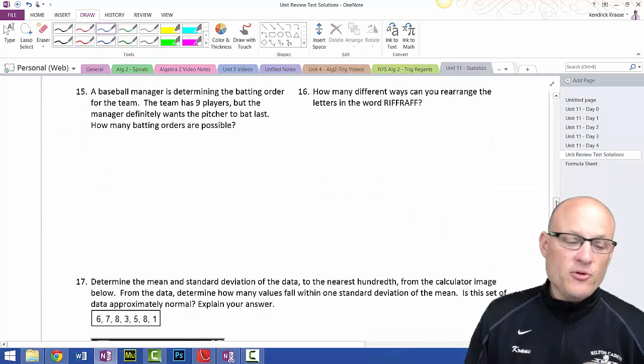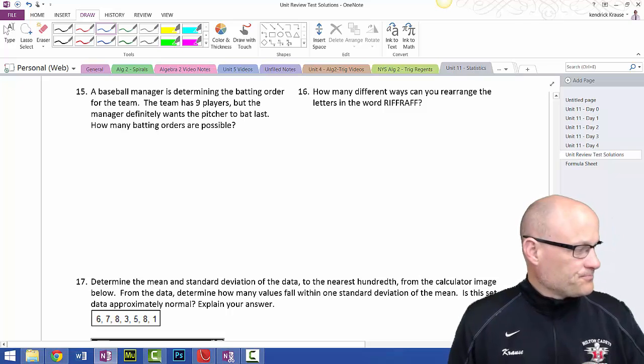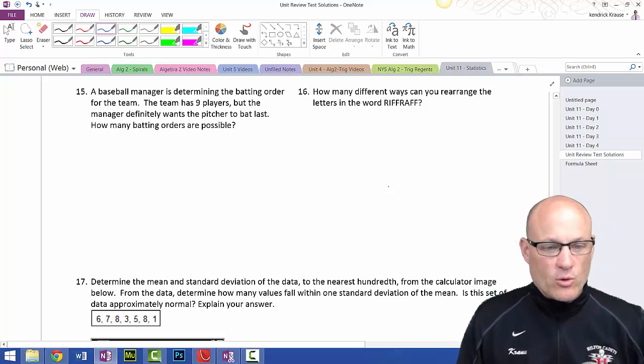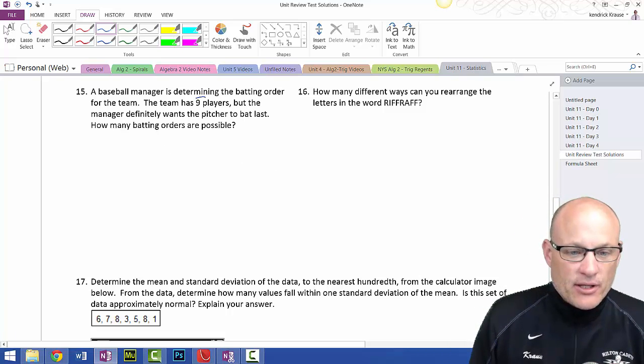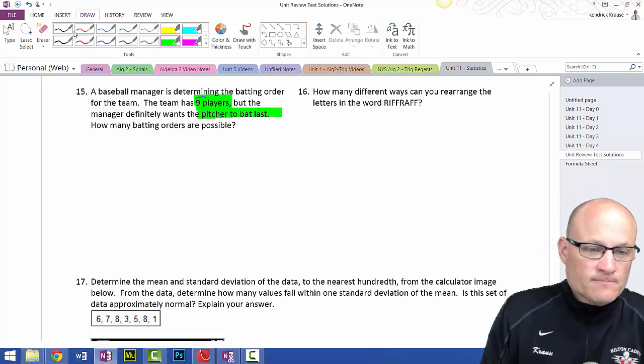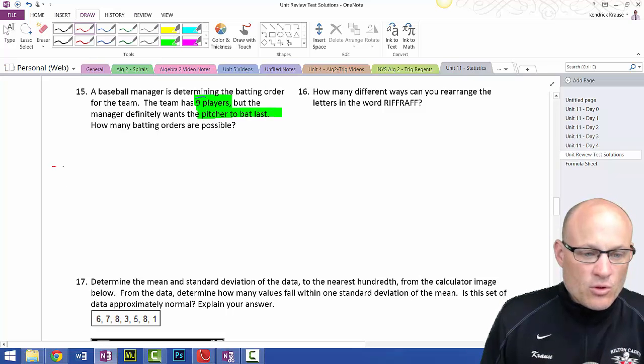All right, so there's a few ways of doing this problem. I've got a batting order, and I've got 9 players. But the pitcher definitely wants to go last. So I could do it a couple of different ways. I could say, okay, 1, 2, 3, 4, 5, 6, 7, 8, 9.